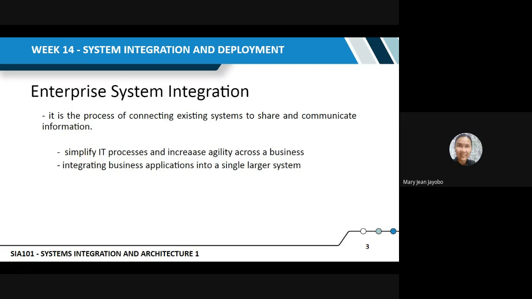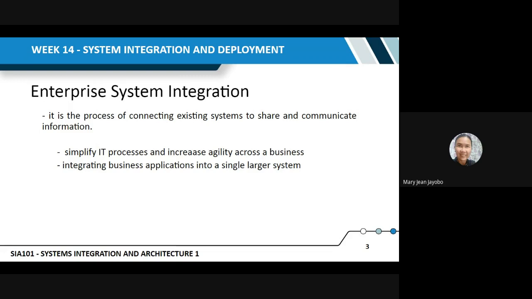Now, even if they are in one region or in another location, they can easily communicate. They can also connect yung application na yan doon sa main branch, parang gano'n, no?